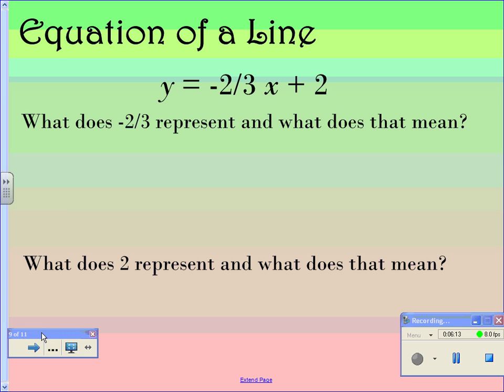The letter, what does it represent? The B, and what is it? It's the y-intercept. So what does that mean? Where it goes through the y-axis. Yes, when you're graphing, you start by putting a 2, but that is where your line crosses the y-axis. Does that make sense?